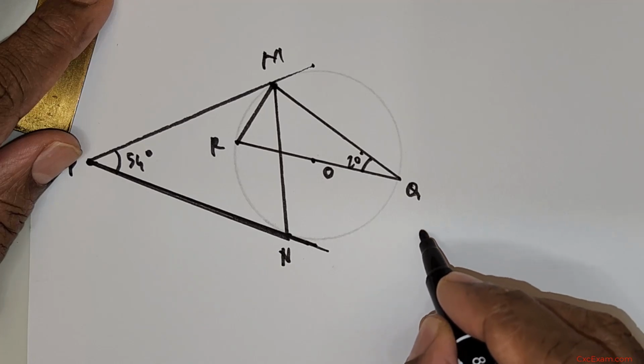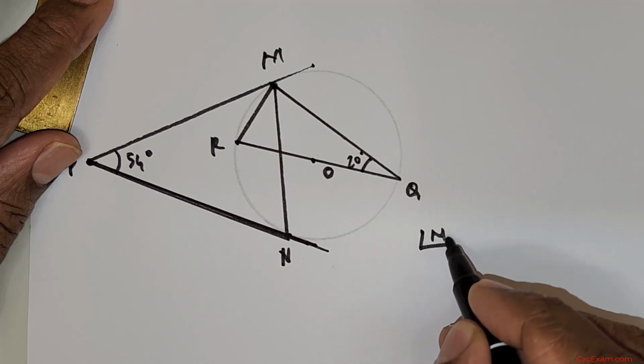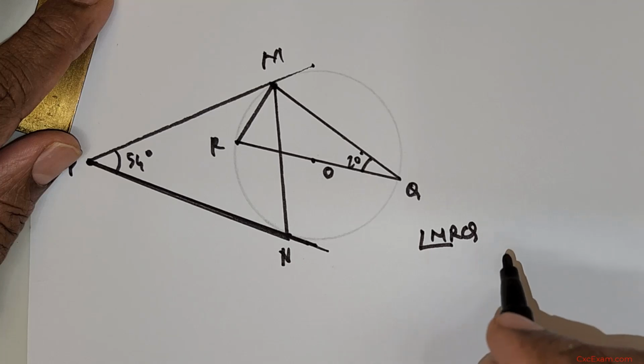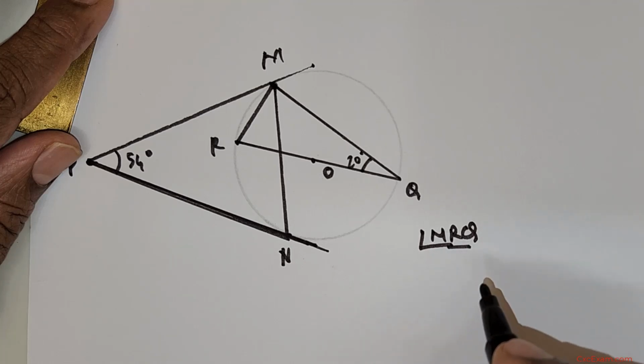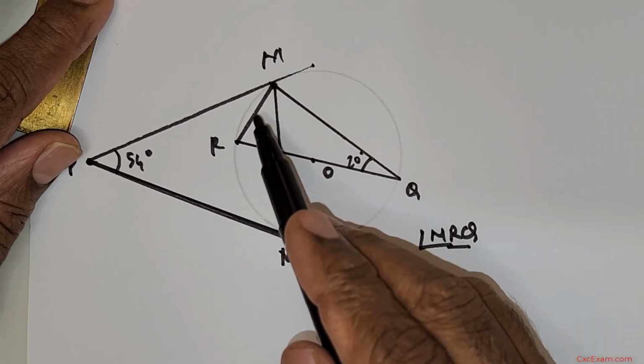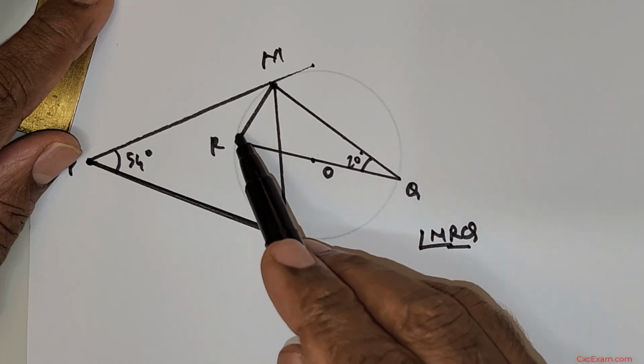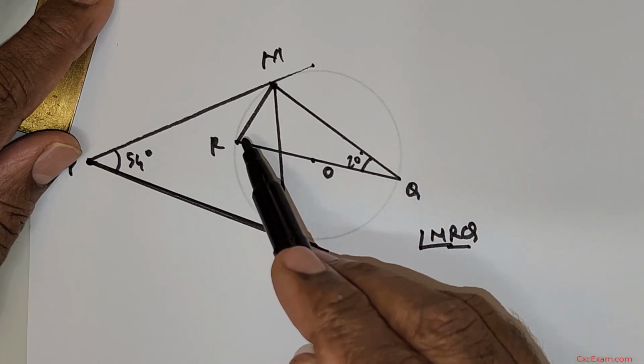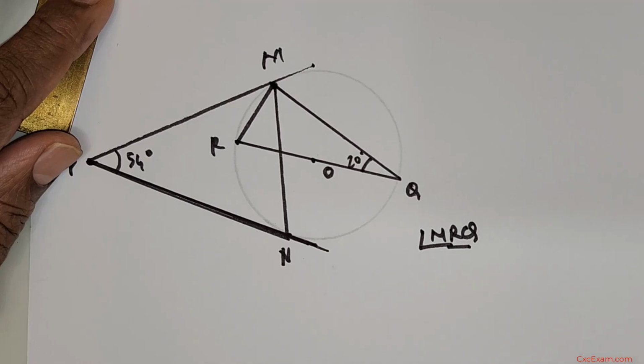Foremost, we are asked to get the angle MRQ. Okay, MRQ. So we are asked to get the angle present there.